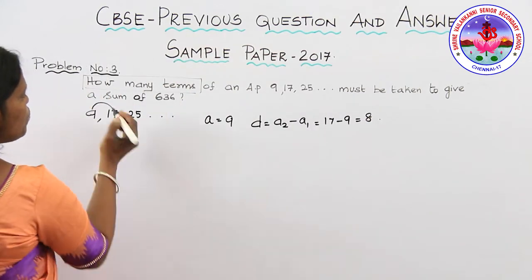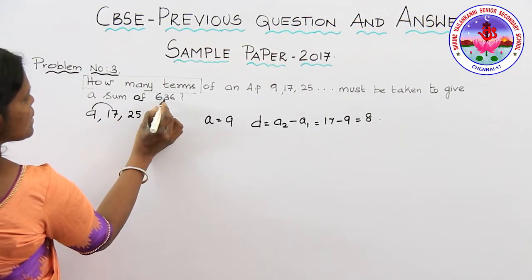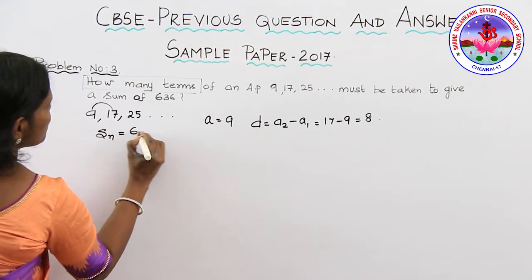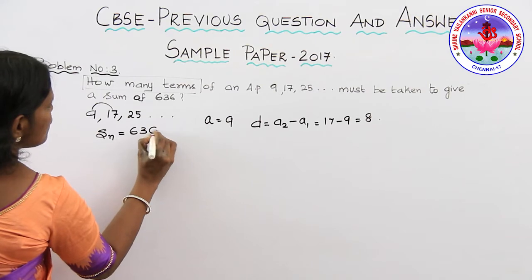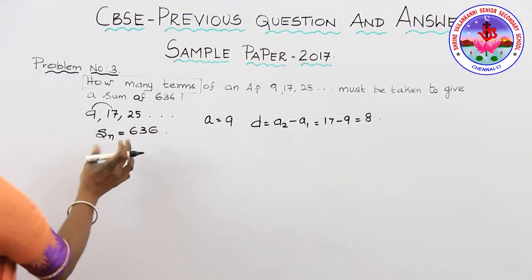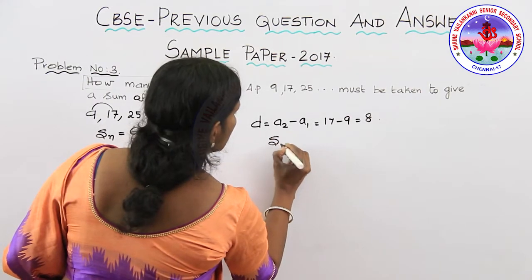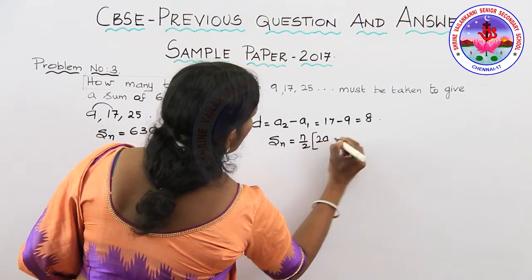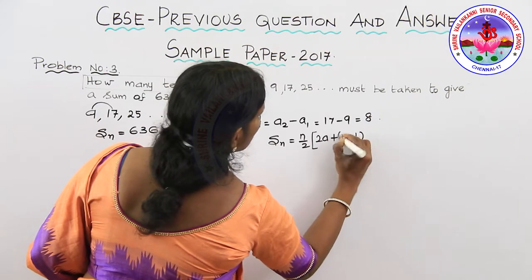Now I need to use the sum of 636. I am just writing this as Sn, which is equal to 636. I am going to use the formula we studied for Sn: n by 2 into 2a plus n minus 1 into d.